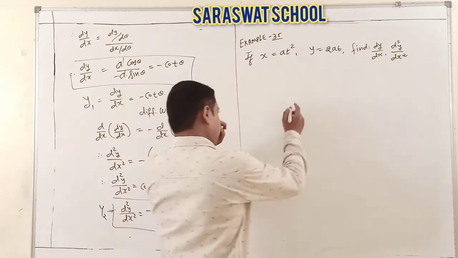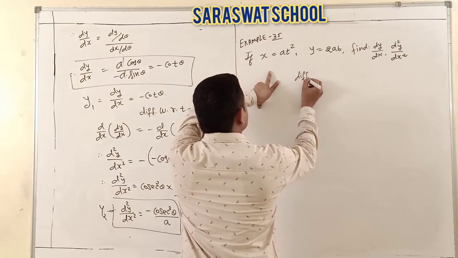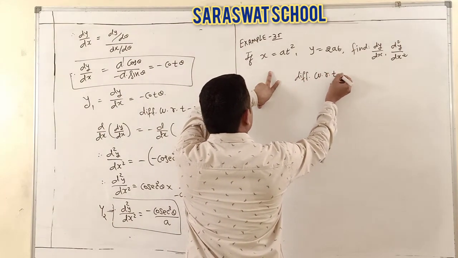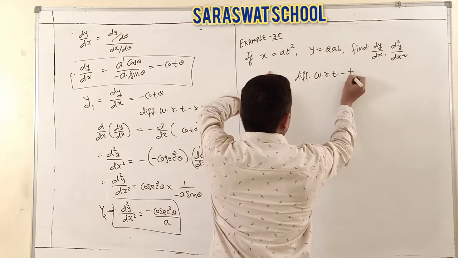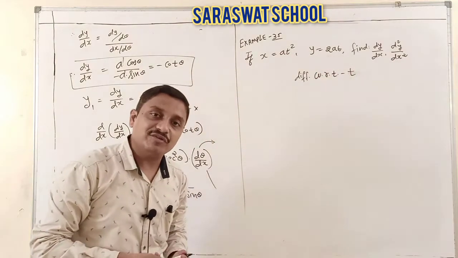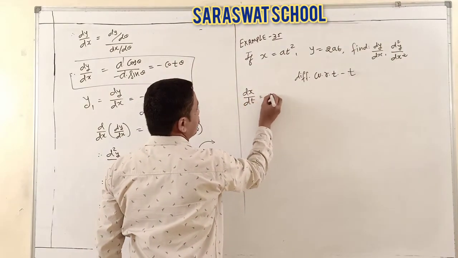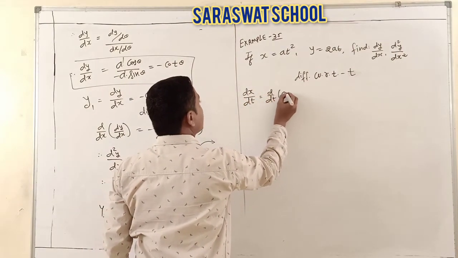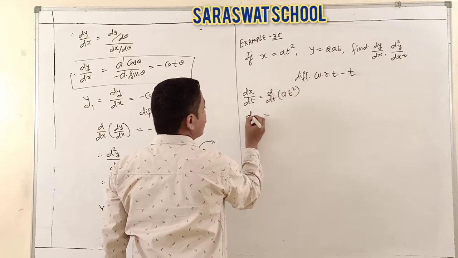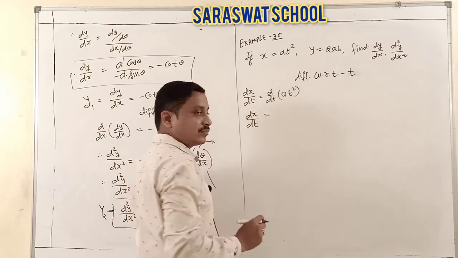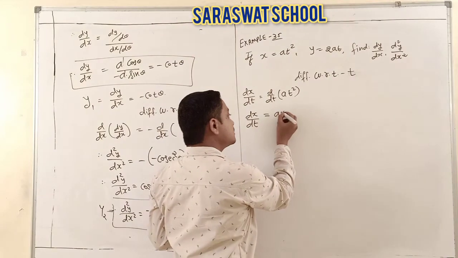So differentiation with respect to t first of all, because t is your parameter. dx by dt, d by dt of a t square, is 2at.